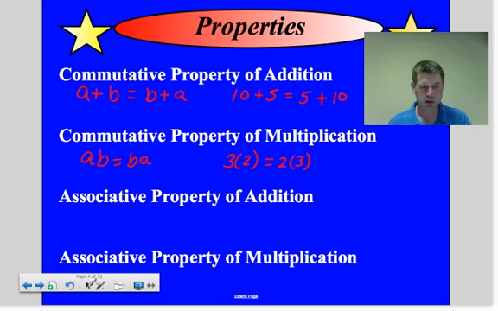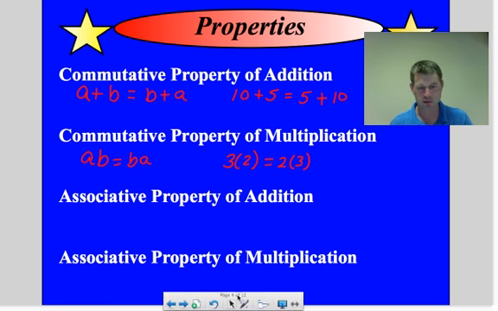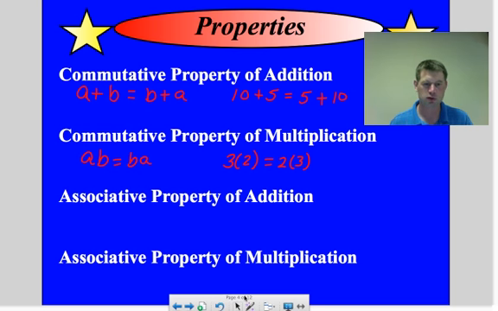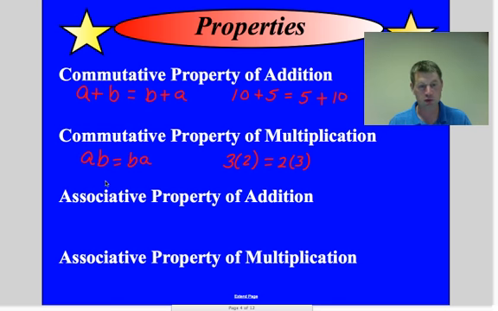The next one we're going to go to is the associative. Now these two are the ones that everybody kind of messes up, especially associative. Okay, associative property of addition is talking about grouping.